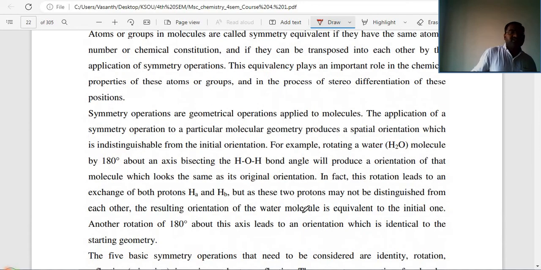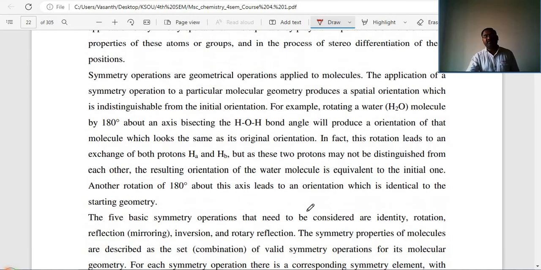A symmetry operation is an operation applied to molecules. The application of a symmetry operation to a particular molecular geometry produces a configuration which is indistinguishable.